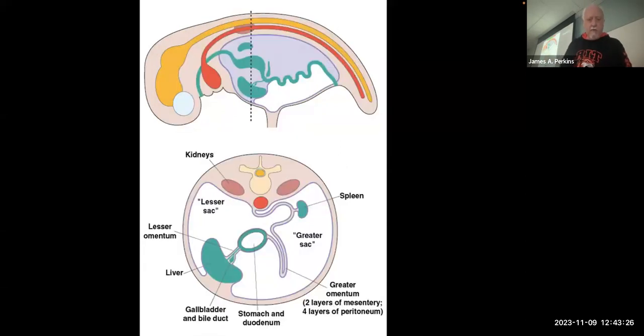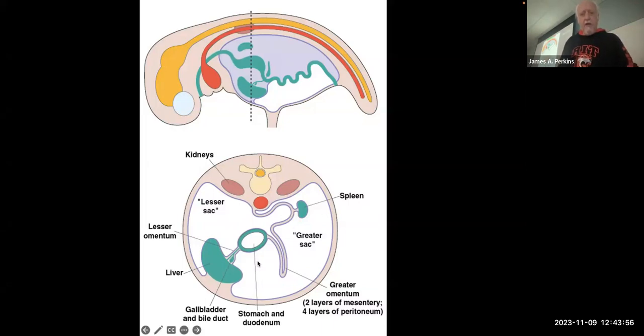But as the liver migrates over to the right side of the body, the right side of the peritoneal cavity becomes smaller and smaller and smaller. And eventually, by the time you reach adulthood, there's very little left of that right half of the peritoneal cavity. It's just a small area known as the omental bursa, which is trapped posterior to the stomach and the liver.